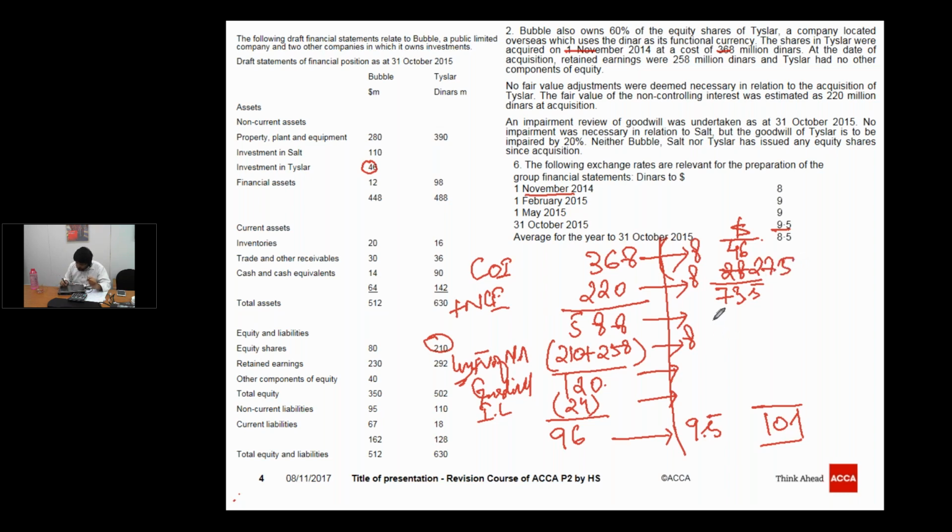By dividing the total net assets, 468, by 8, it is 58.5. So the value of the goodwill before the impairment is actually 15 million.